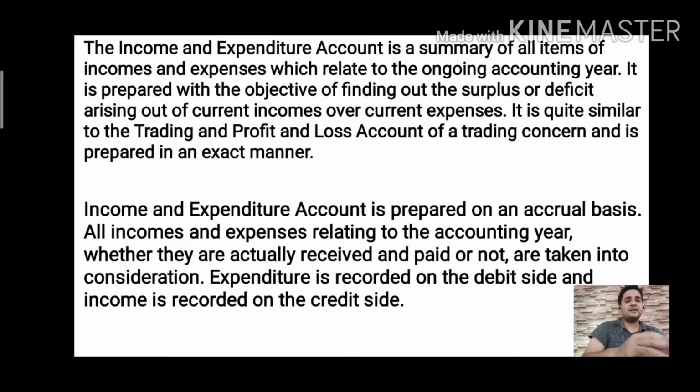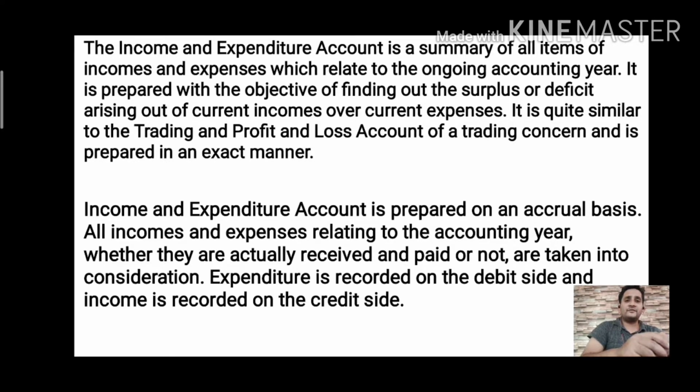That's why it is called similar to the trading and profit and loss account. All the items which are related to income, we have to record on the credit side, and all the items which are related to expenditure, we have to record on the debit side.